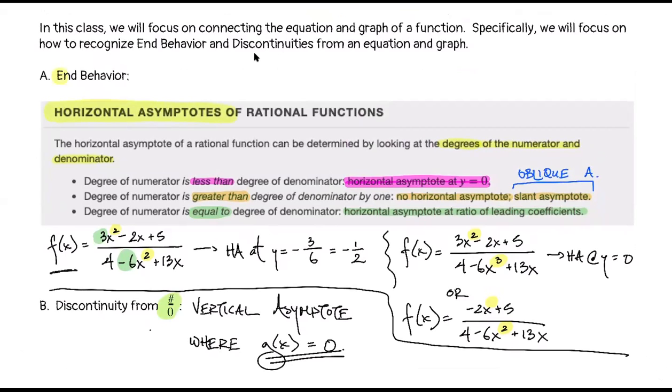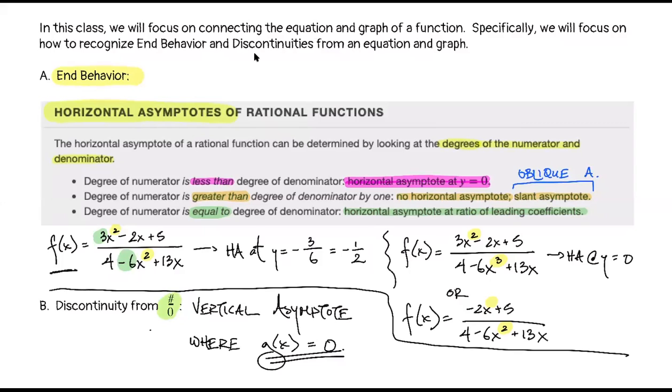do you see what title it's underneath? It's underneath end behavior, okay? And that's not a mistake. It's not like, oh, instead of calling it a horizontal asymptote, I named it end behavior by accident.